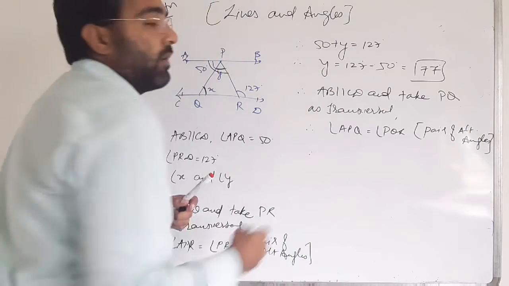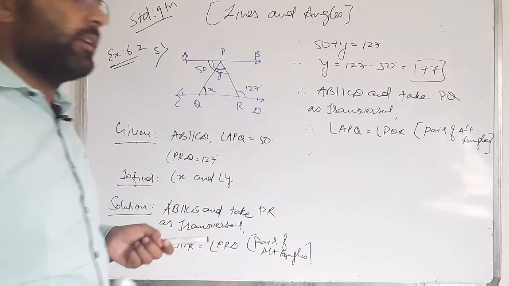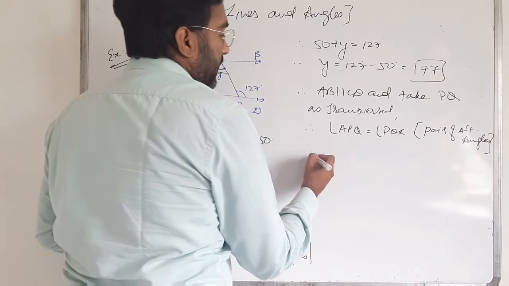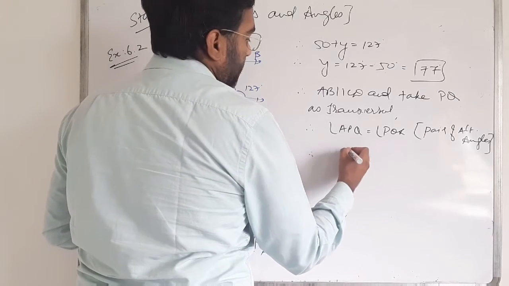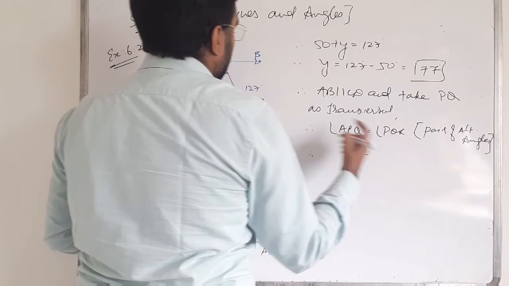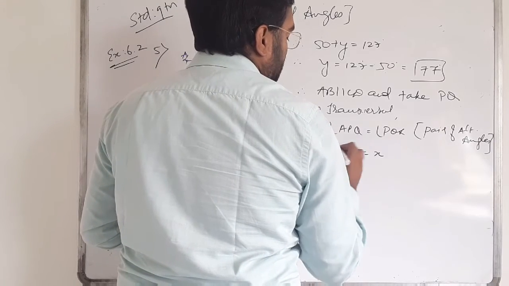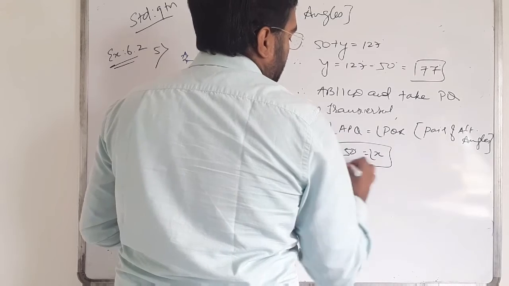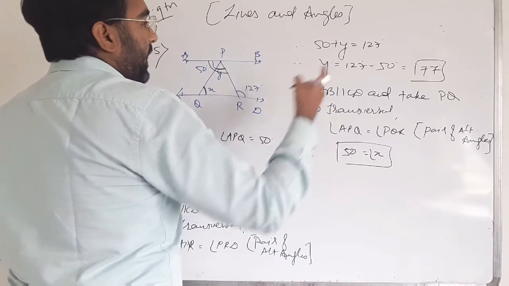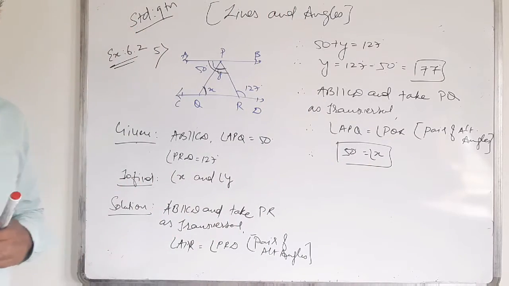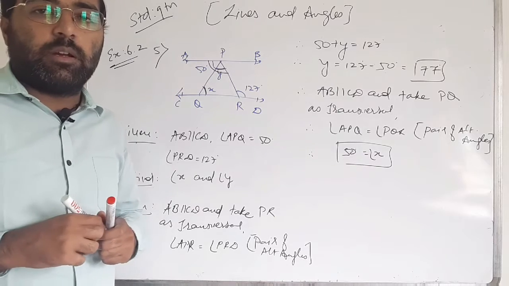Therefore, a pair of alternate angles, so my angle APQ, 50 degrees, is equal to PQR, that is given as angle X. Okay, so my angle X is 50 degrees and my angle Y is 77 degrees. Okay, clear?